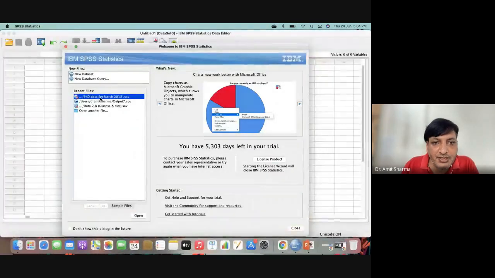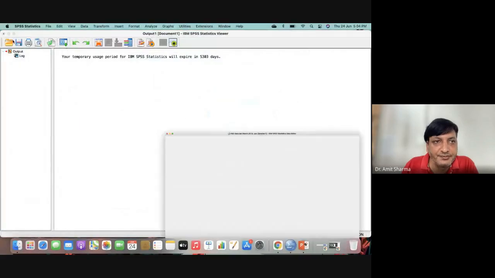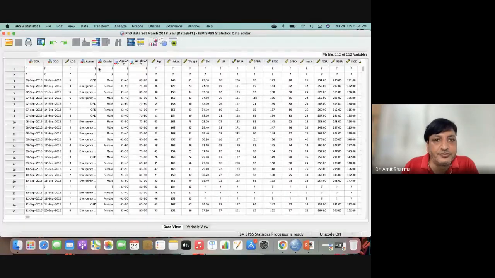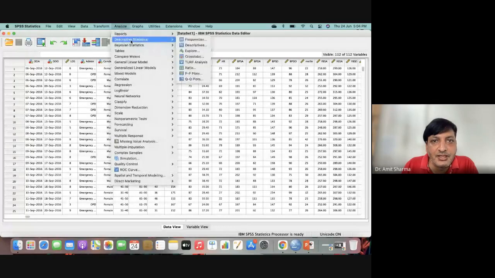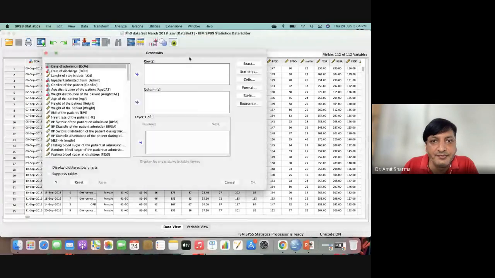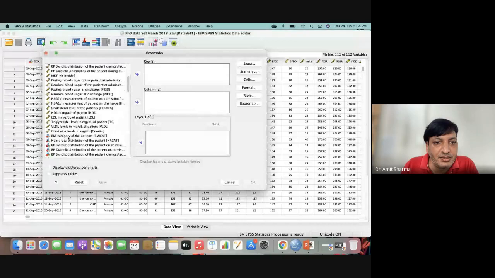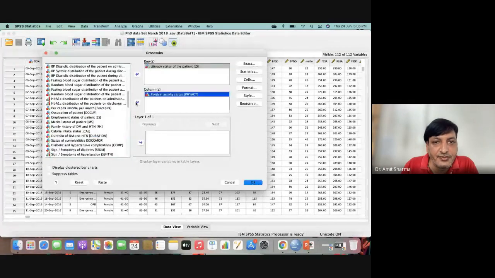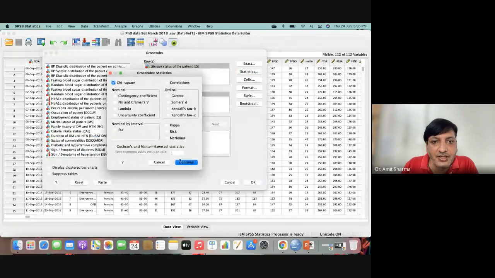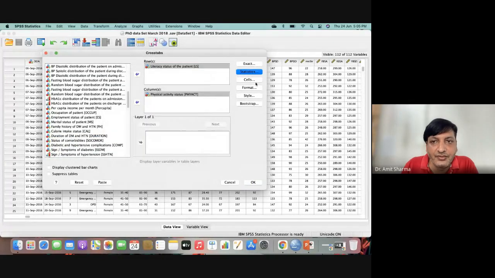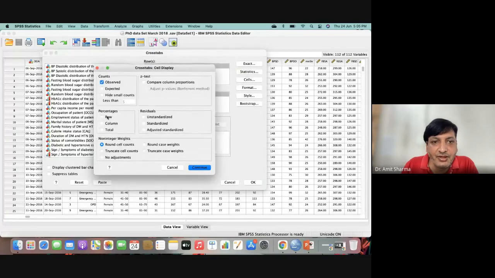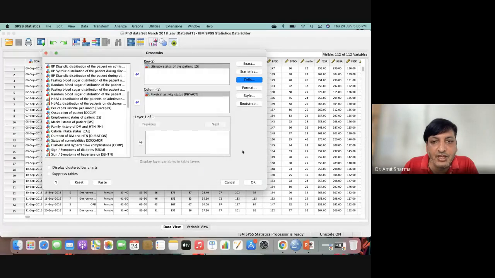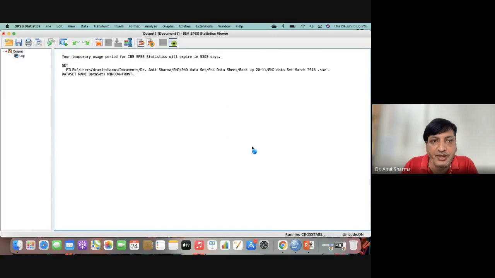I'll open the dataset PhD and we'll go to analyze, descriptive statistics, cross tab. There we'll add literacy status of the patient versus physical activity, chi-square test. Continue. Cell, actually we should click on row, but I don't want to click, so that I can show which kind of result we are getting.